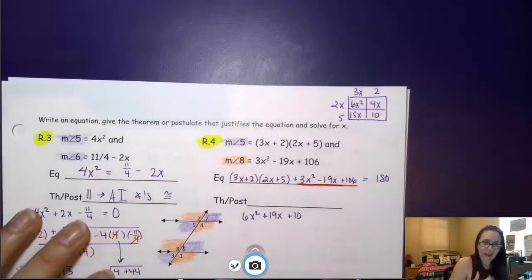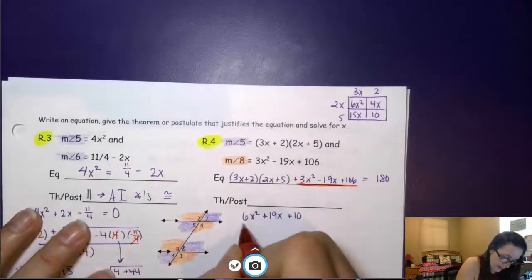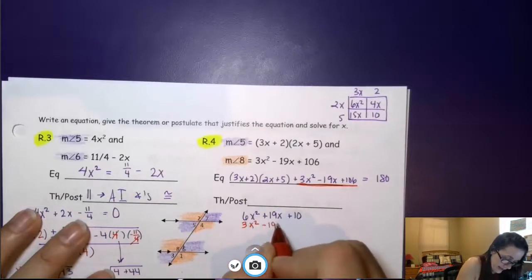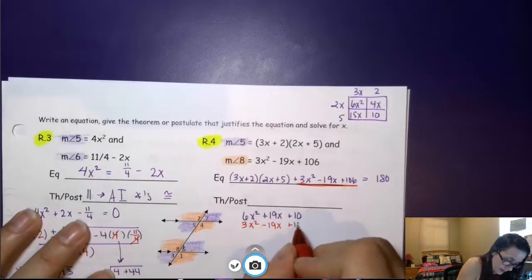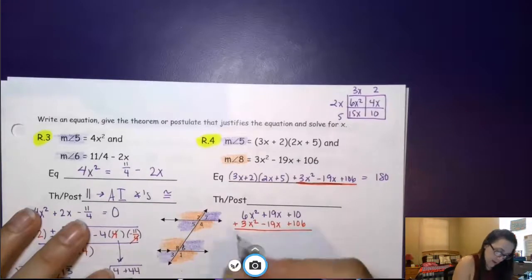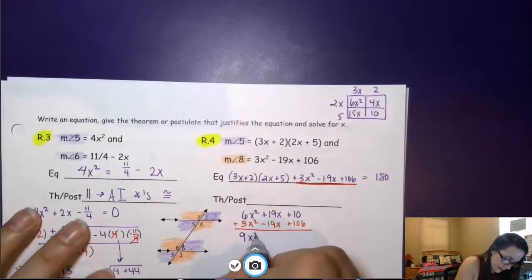Now look, I want to add that to this right here. So you can write it all out. I'm going to put it above each other. I'm going to do 3x squared minus 19x plus 106, 9x squared.